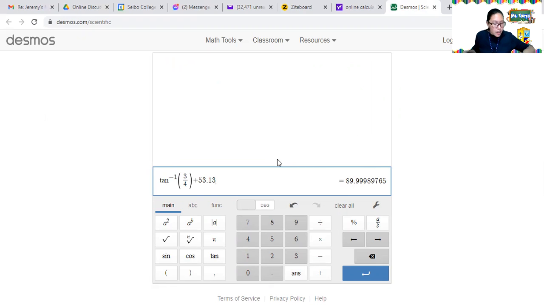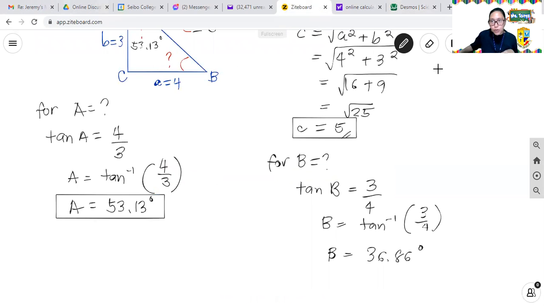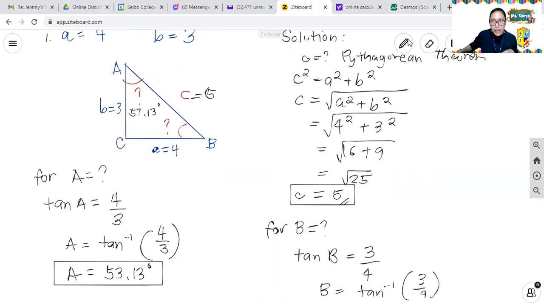So that means our answer is correct, because the sum of the acute angles of a right triangle is equal to 90 degrees. So that is one example of how you can solve a right triangle.